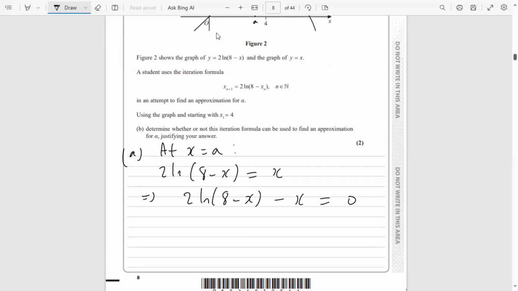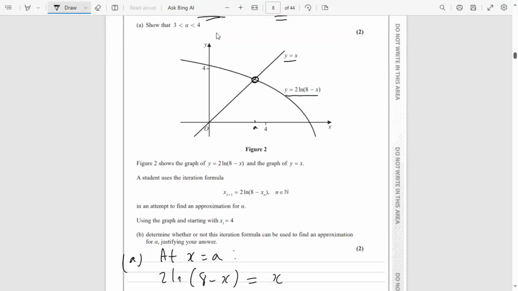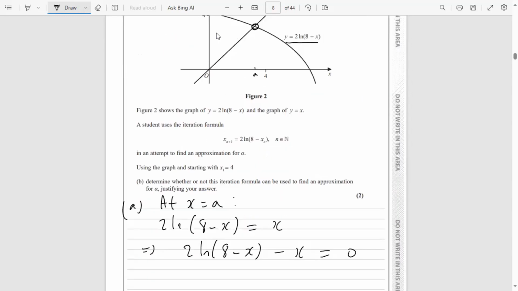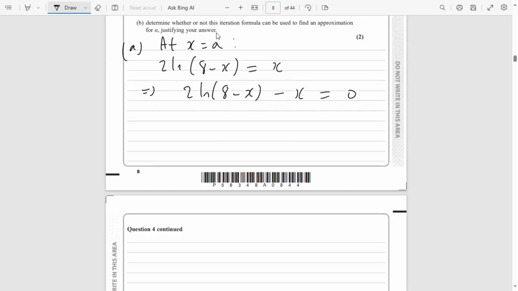So how does that help us answer the question? We've formed an equation with just x involved, and we want to show that the solution is between 3 and 4. If you're doing this in the exam, you don't need to write what I'm about to write down, but I'm going to explain why we do what we do next.